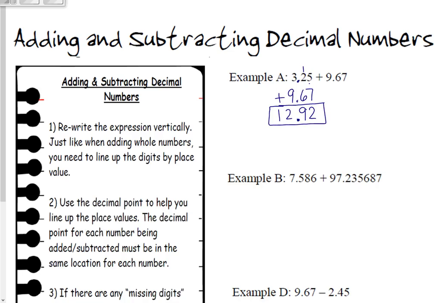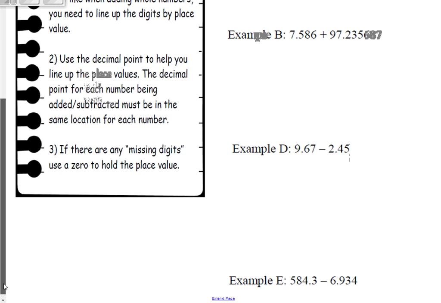Okay? Let's look at example B. If you look at example B, we've got some crazy numbers here, but I'm going to line them up because 97 is greater than 7, and it has more digits before the decimal point.